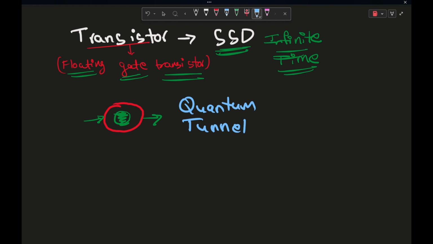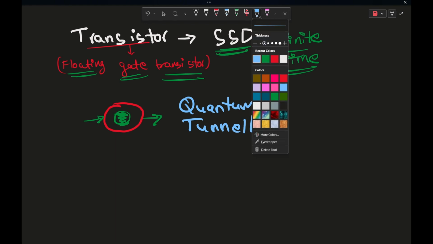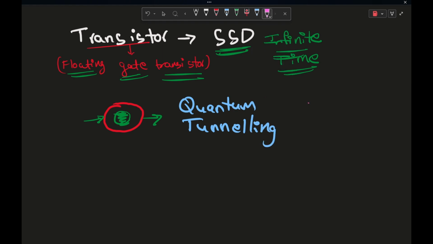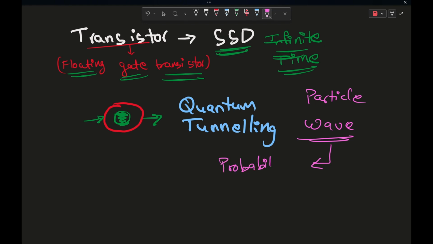Now, those who are aware of quantum mechanics, it basically explains that an electron exists in the form of a particle as well as a wave. So if an electron acts as a wave, it has a probability of existing in any surrounding space.